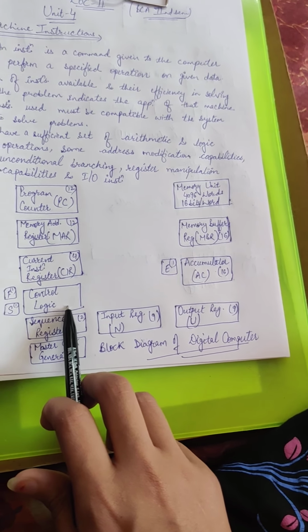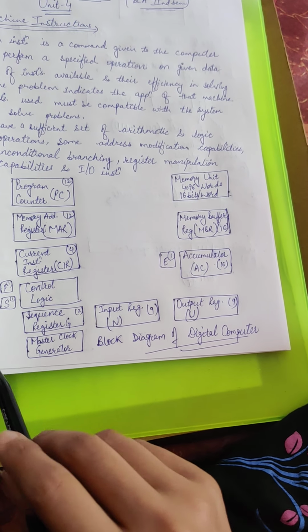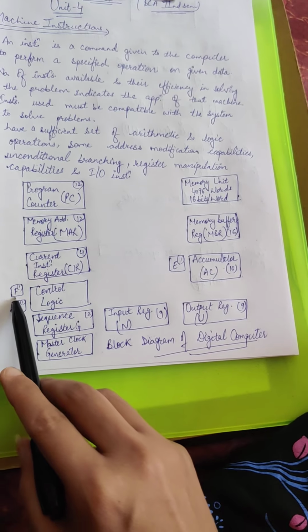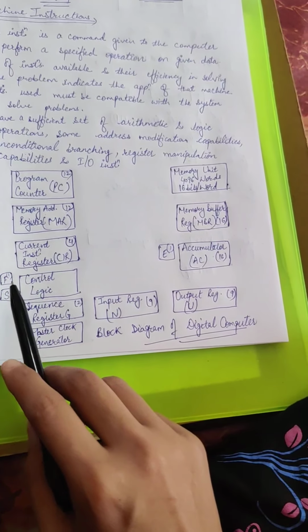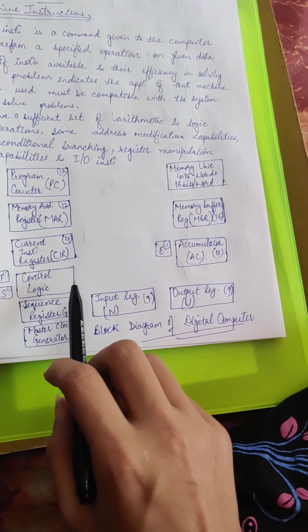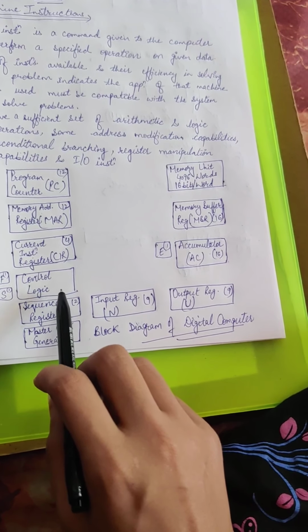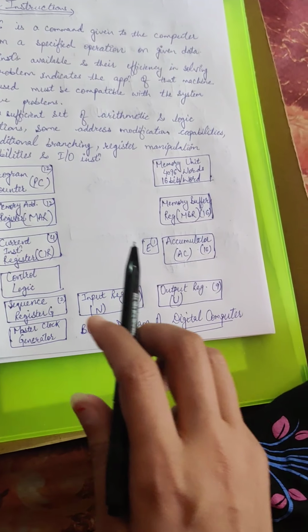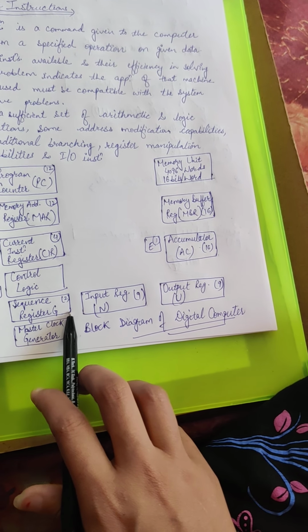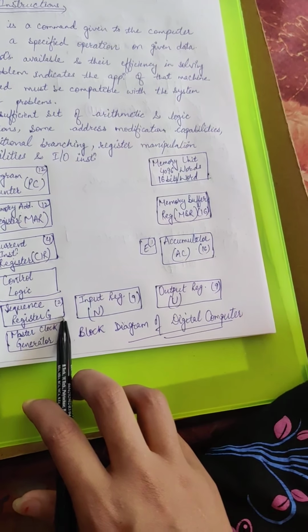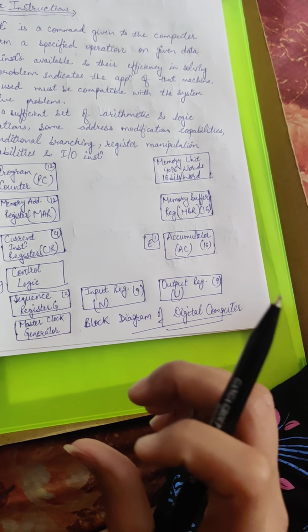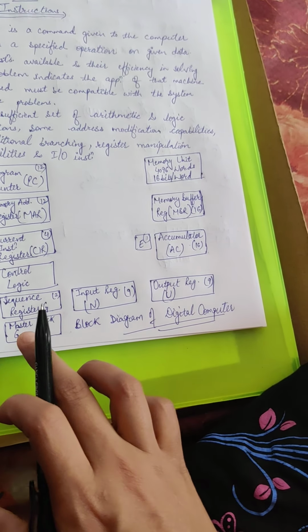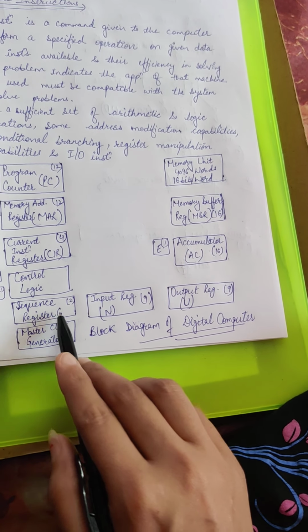Control logic is used to control the different operations. Here F is the fetch flip-flop and S is the start-stop flip-flop, each of 1 bit. Sequence register is used to provide signals in sequence, that is, timing signals.